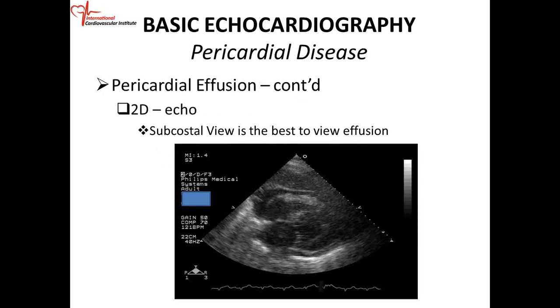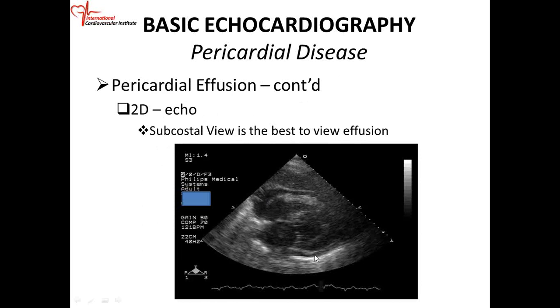All right, so one of the best views to look for pericardial effusion is the subcostal view. If you see the fluid all around the heart, we talk about a generalized pericardial effusion. So, those of you who do echoes, this is the subcostal view.